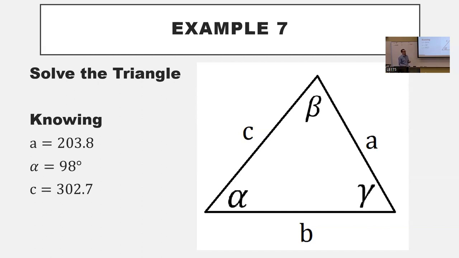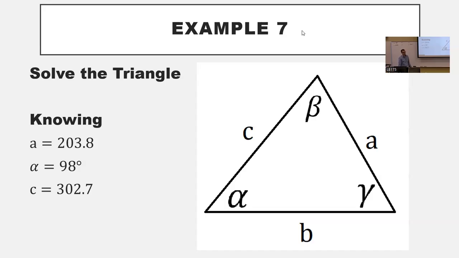Long story short, this triple of values won't create a triangle. I'll talk about why that is numerically, and then why that is intuitively as well.